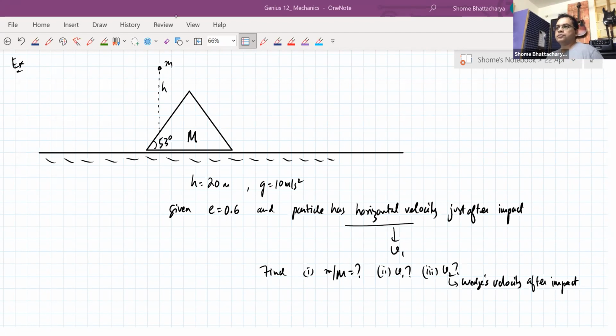For the particle. Okay, very good. So that's what we'll do.